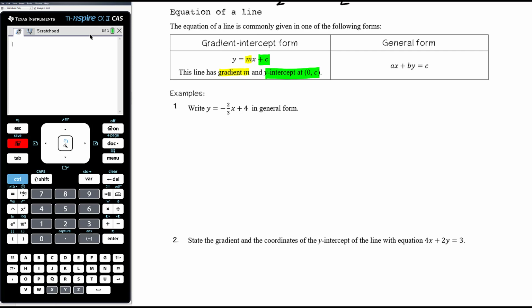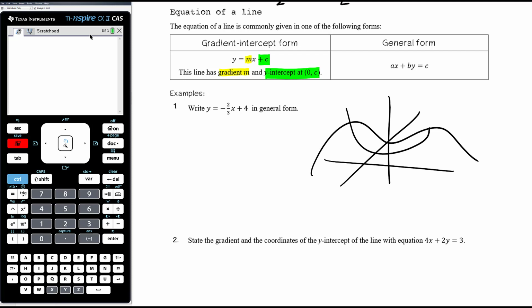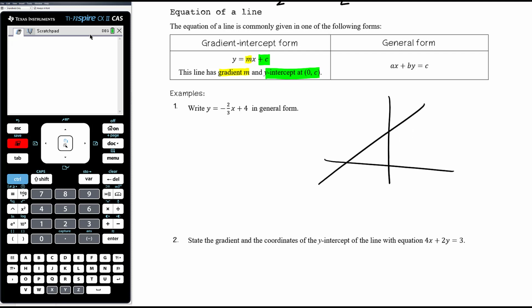I find this really misleading. Students develop conceptions about the y-intercept right here, when you learn about gradient-intercept form, that aren't correct. The y-intercept of any line or parabola or curve, whatever it might be, is the point where the graph crosses the y-axis. That's the y-intercept.